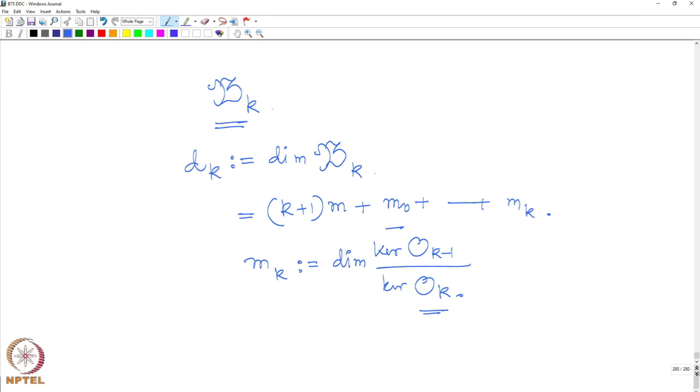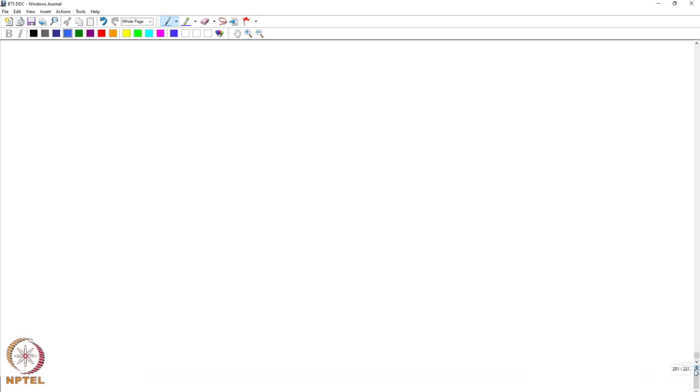We also argued from these observability matrices that these numbers mk's are nothing but rank differences, the difference between the rank of Ok and the rank of Ok minus 1, and from there we found out that mk's must be non increasing.